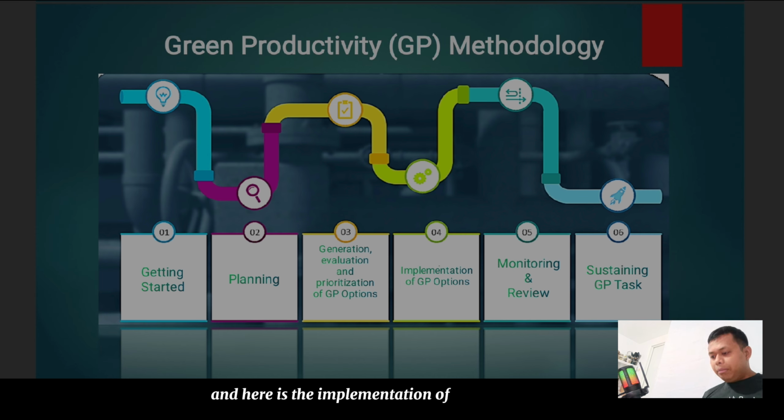And then there is the implementation of green productivity options, which is the formulation of the implementation of the plan, and which includes training, awareness, and also developing competence within the agency or the organization.